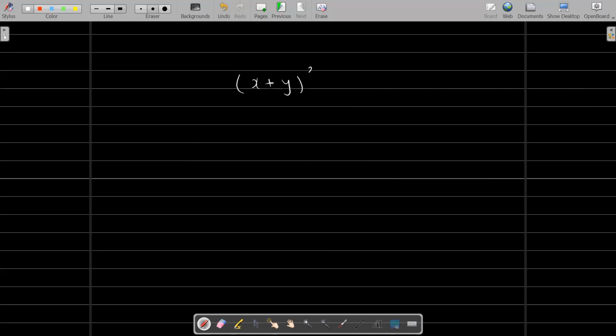So we know x plus y cube is x cube plus y cube plus 3 times xy into x plus y, that is 3x square y plus xy square. All of you agree with that? That's a standard algebraic identity for cube.